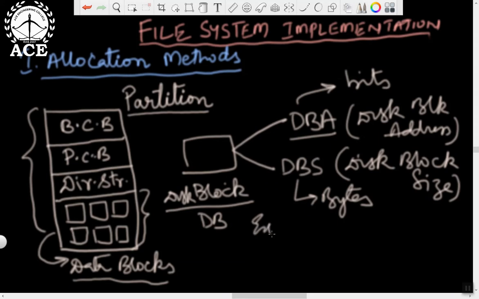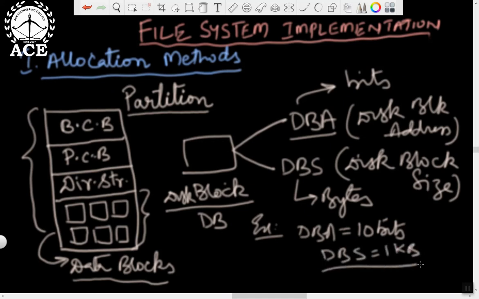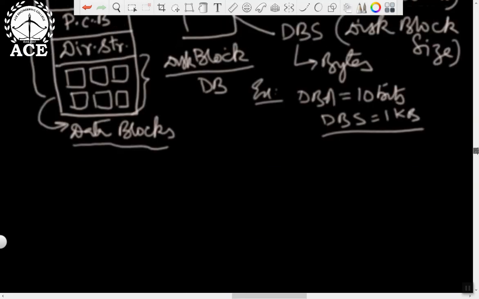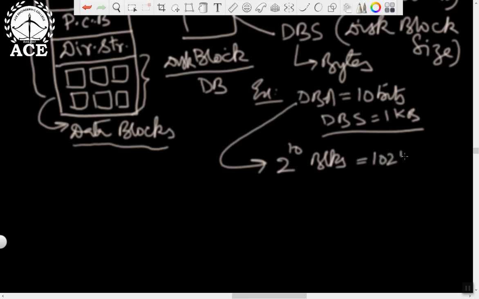As an example, suppose the disk block address is 10 bits and the disk block size is 1 KB. Then how many blocks will the disk have? The disk block address is 10 bits, so with a 10-bit address we can access 2 power 10 blocks, which is equal to 1024, you call it 1K, and each block is of size 1 KB.